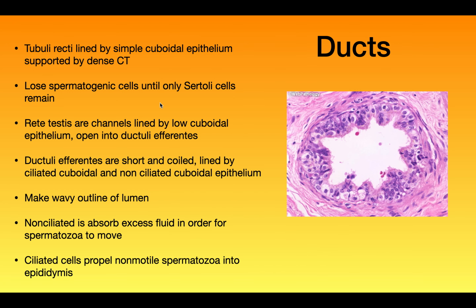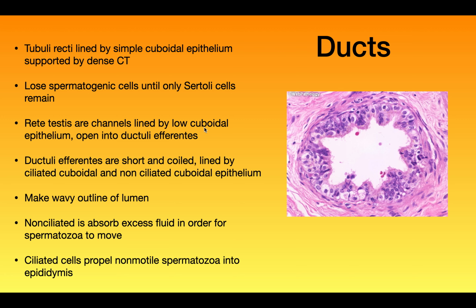Okay, so the ducts are going to be lined by simple cuboidal epithelium, and there aren't any spermatogenic cells, of course. There are only Sertoli cells, and they are going to change once the ducts are in the rete testis.